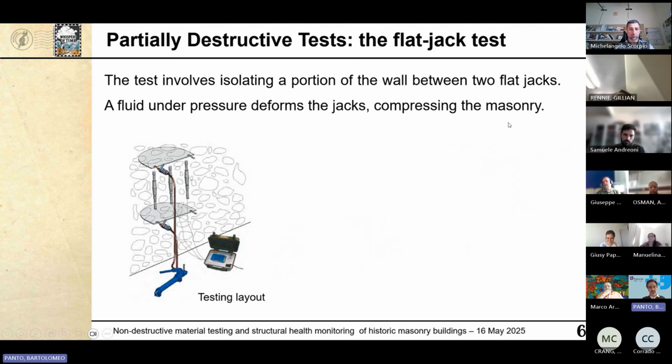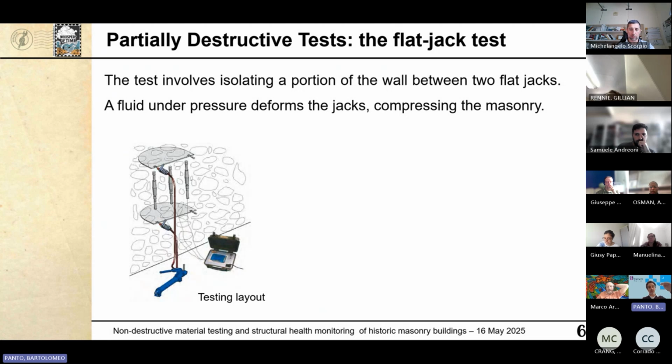As I said before, looking properly at the non-destructive tests, let's have a look at what we call partially destructive tests. In this case, the most common technique used for masonry structures is the flat jacks technique. Basically, these tools, flat jacks, are inserted within the masonry.